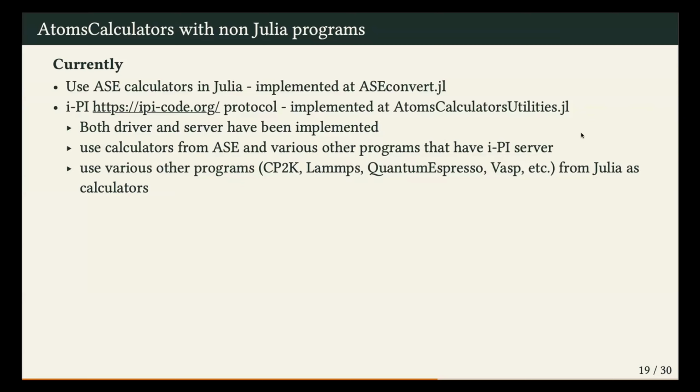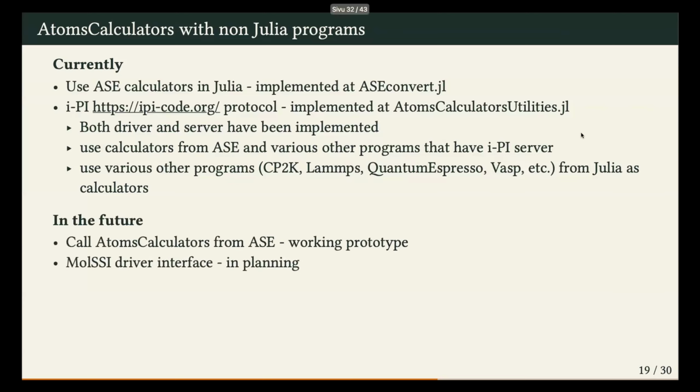The documentation on how to do this is coming. Hopefully I will get it done during this workshop, so you can try it later on. But I have been using it, it works, so I know it's in good shape. And in the future, we hopefully have a proper ASE calculator. I have it as a prototype.